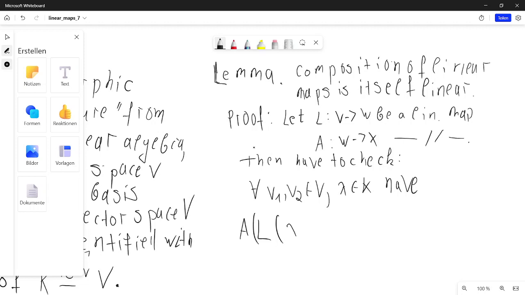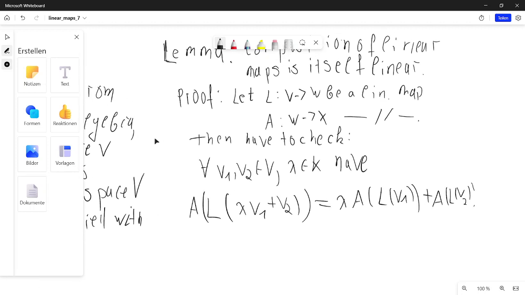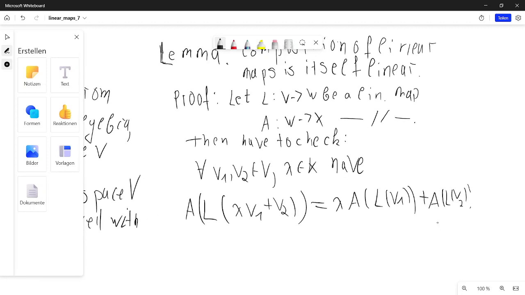You should know how the composition works. We have to check that this map is linear, which means exactly what I'm writing down right now. Well, that's pretty straightforward.